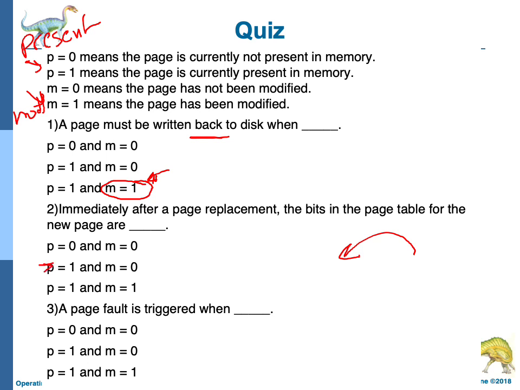And then since it's still new, we didn't get a chance to change it yet, then its modified bit is still 0 as an initial state. So page fault is triggered when? So we do have a page fault when a page is not memory resident. So when P is equal to 0, it's not present in memory.